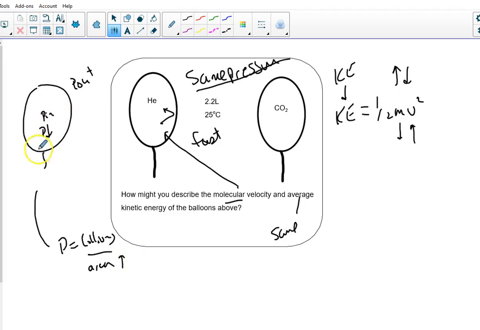And essentially, minus the elasticity of the balloon, the pressure on the inside actually equals the pressure on the outside. If the pressure on the inside was larger, then the balloon would expand, increasing the area until the pressures once again were equal. As long as the balloon's not changing size, we typically think about the two pressures being equal.